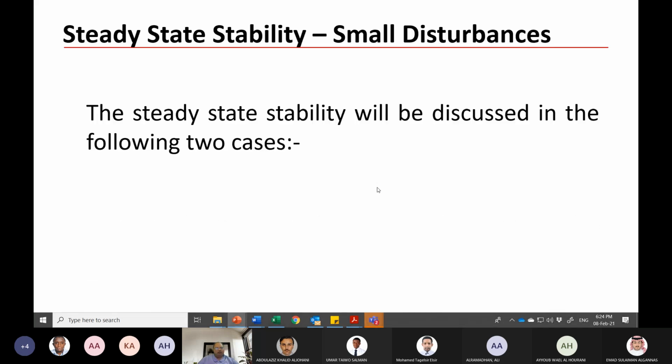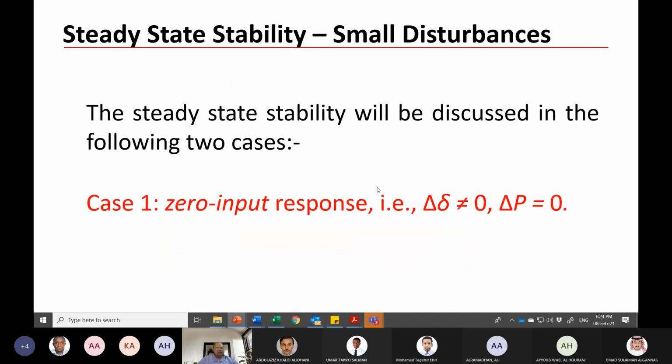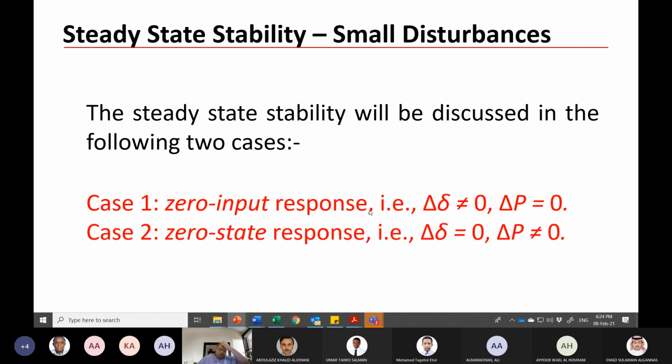Steady state stability will be discussed in the following two cases: zero input response and zero state response. Zero input response means zero input, there is no change in mechanical power. And zero state, no change in the angle.